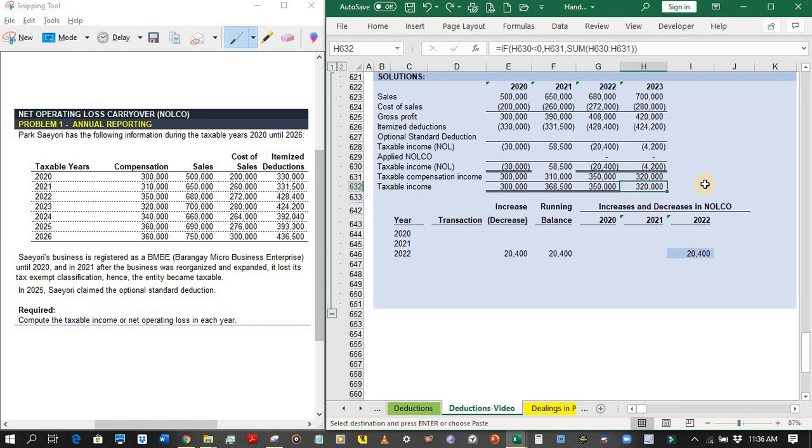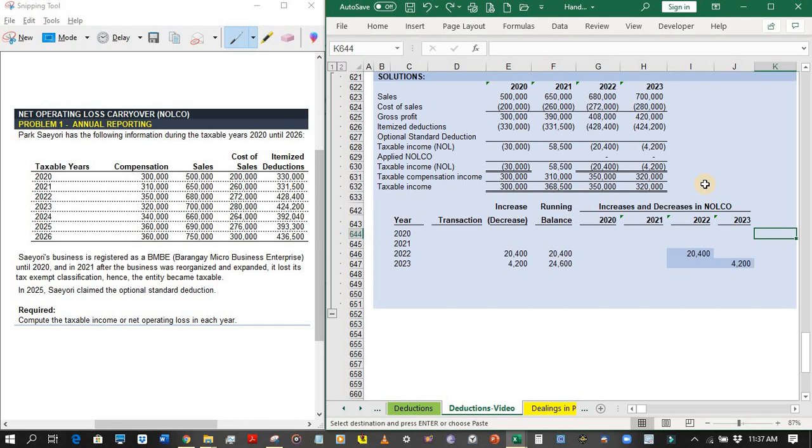So the 4,200 pesos will be added to our monitoring of the NOLCO. So in 2023, our NOLCO will increase by 4,200 pesos. So that is an increase. That is why the running balance, the year-end balance of the NOLCO in 2023 is now 24,600 pesos. So now we have two NOLCO.